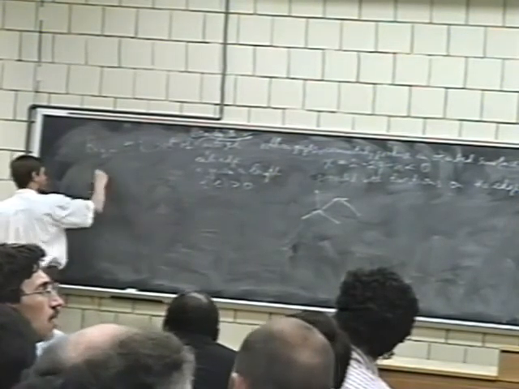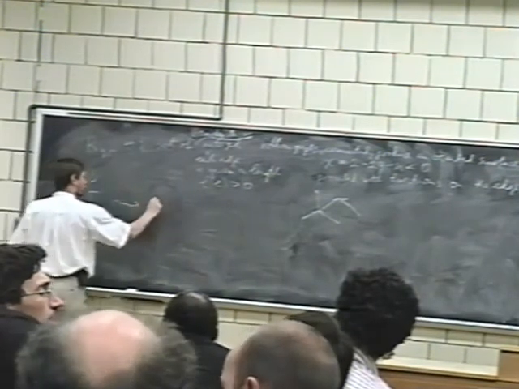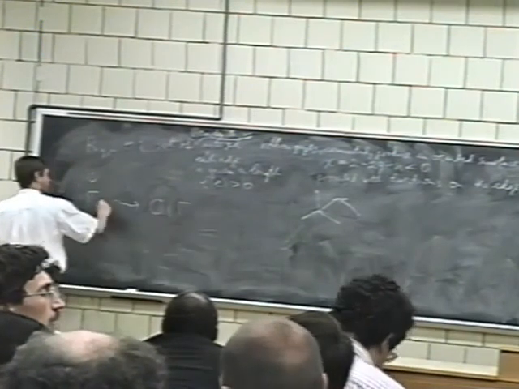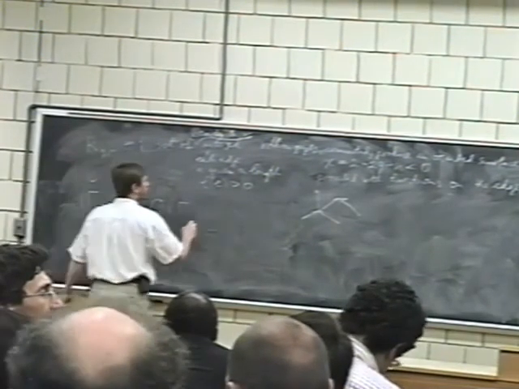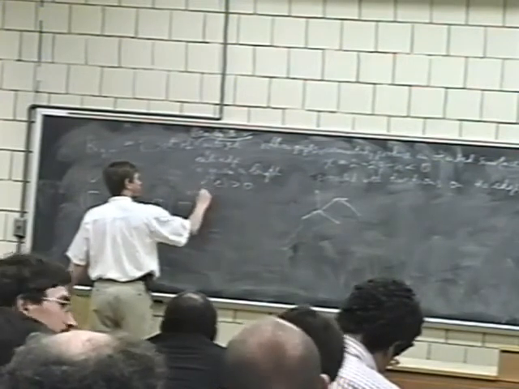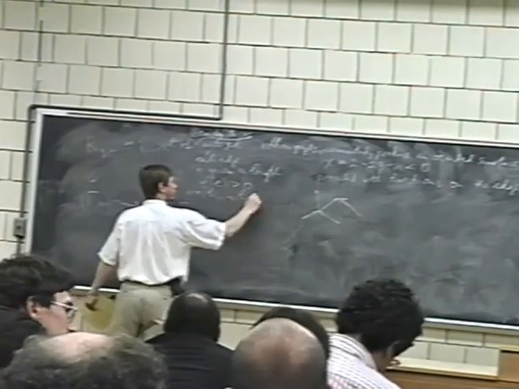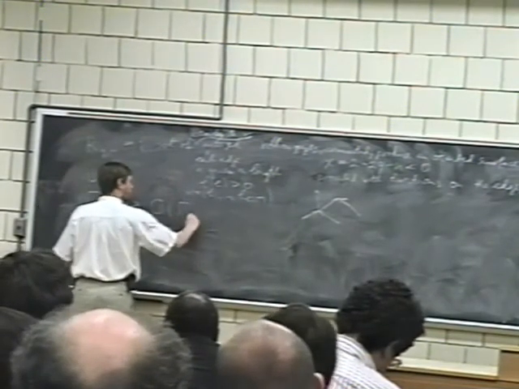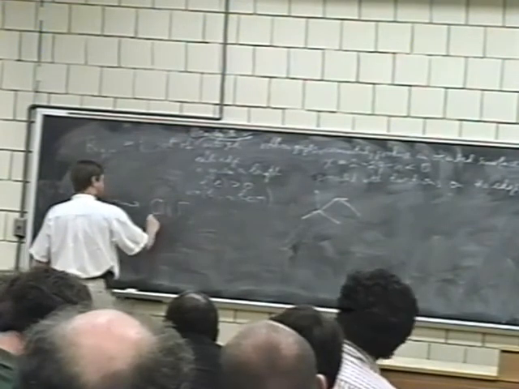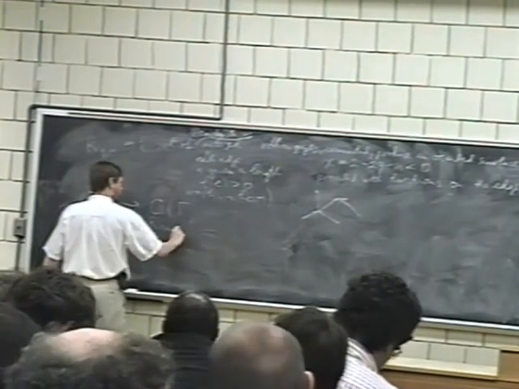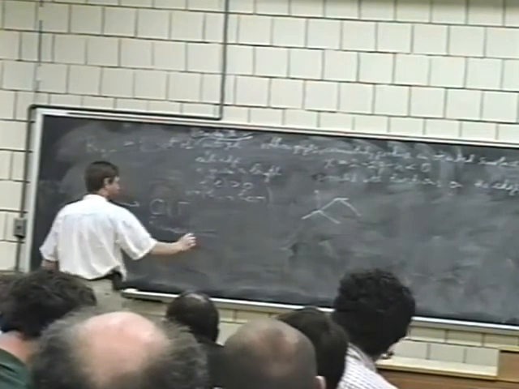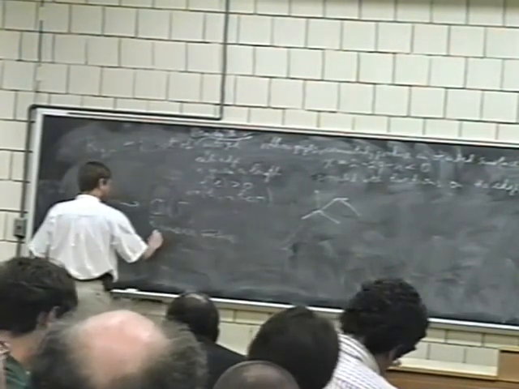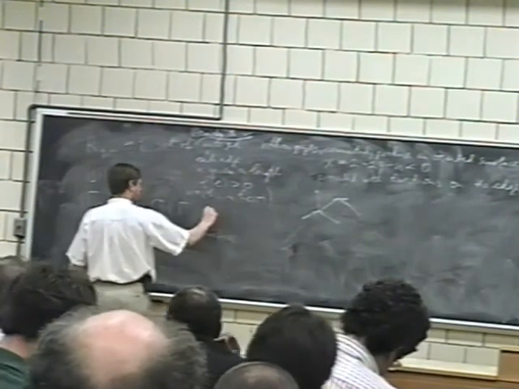So if gamma is a graph from here, we will construct C of gamma, well, gamma with a metric M. We will construct a complex Riemann surface out of this graph.